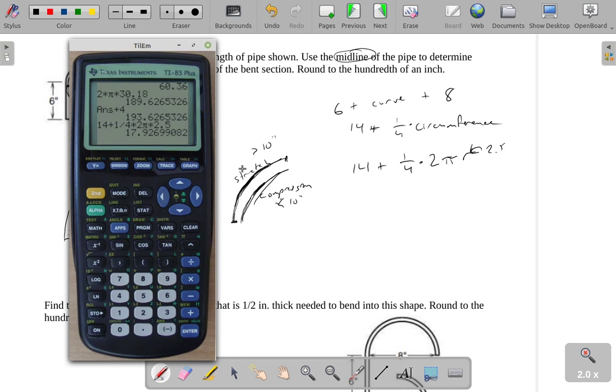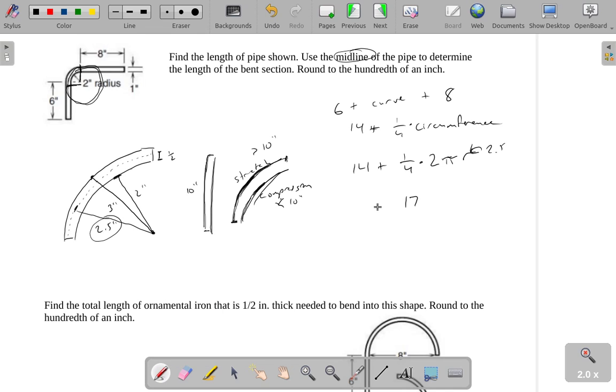So I'll just type that in, and we're going to round this to the 100th of an inch, which gets me right here, where that 2 is, because it goes tenths, hundredths place. The next digit is a 6, so I'll round it up to 17.93 inches.